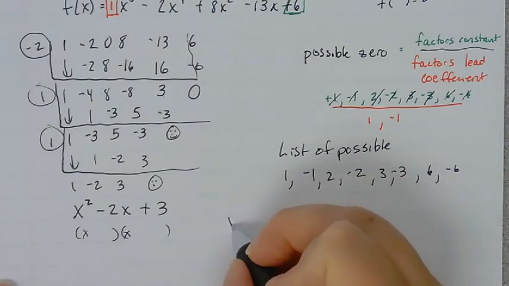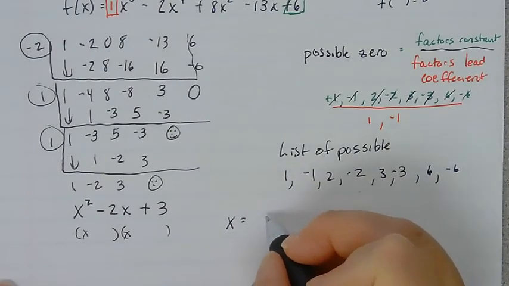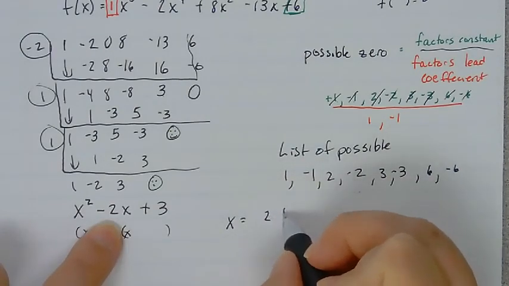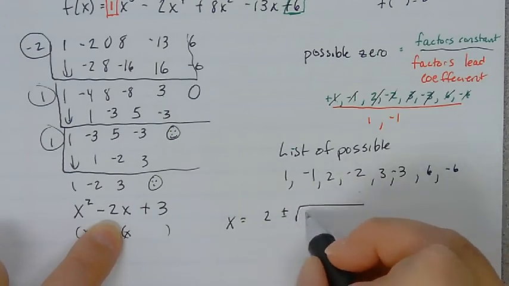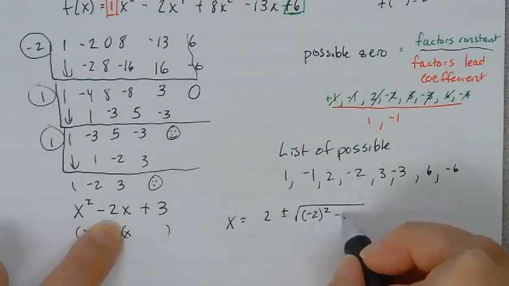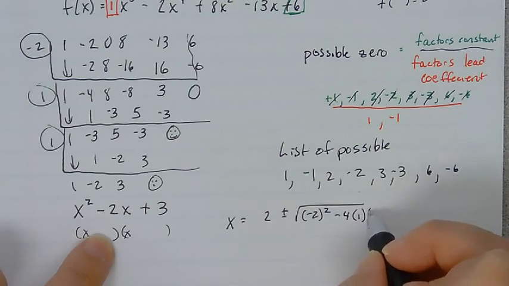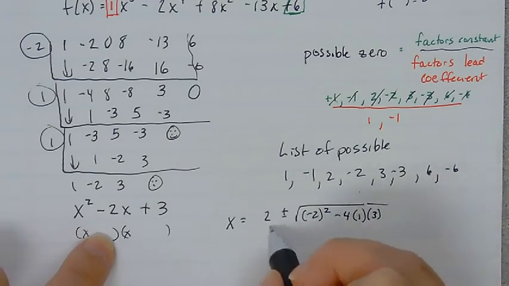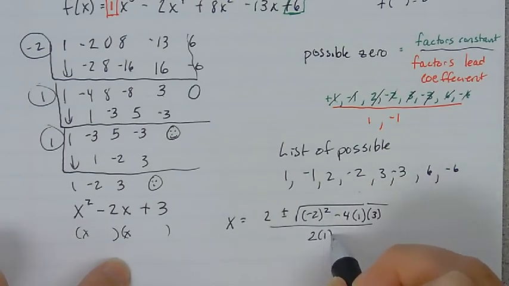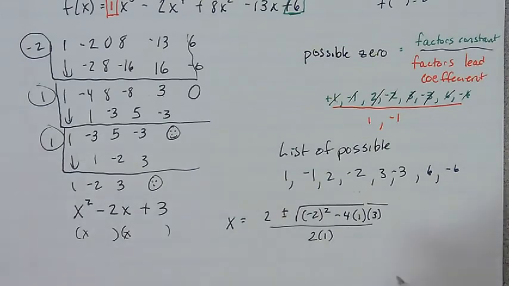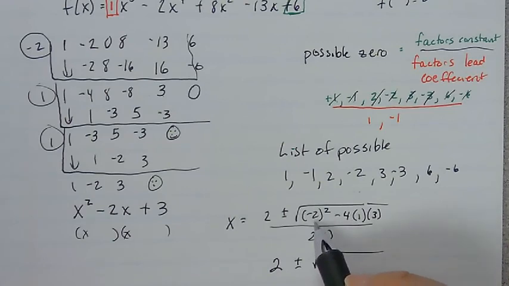So to find my other two x's, I'm going to do x equals the opposite of b plus or minus the square root of b squared minus 4 times a times c over 2 times a. So that would be 2 plus or minus the square root of, looks like 4 minus 12, so that's negative 8, over 2.